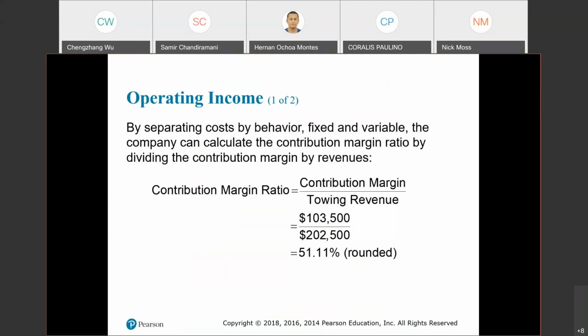It is 51.11%. And at the level of sales provided in this accounting year, the company is operating well above the break-even point and is able to first cover the fixed costs and also generate profits.